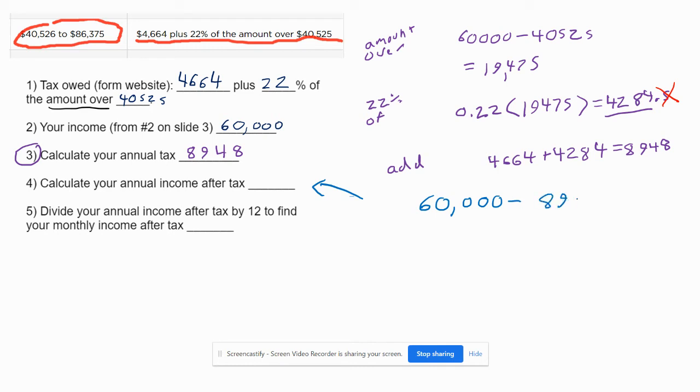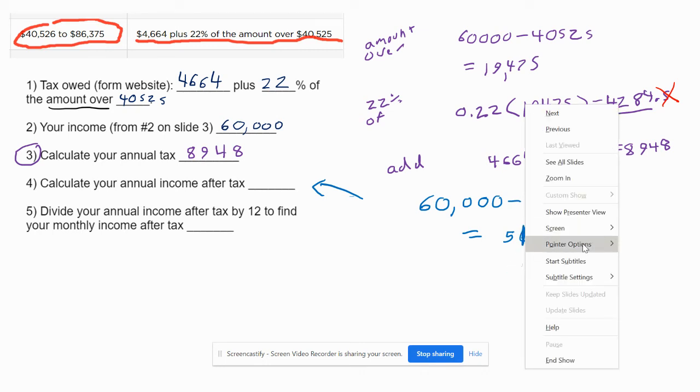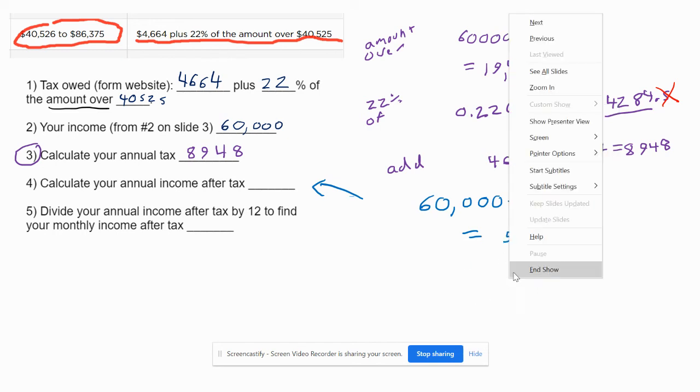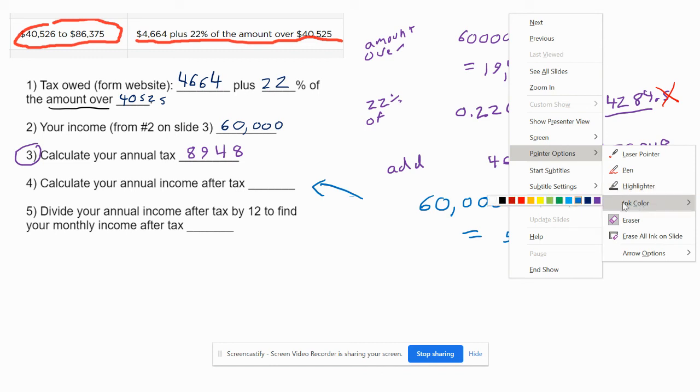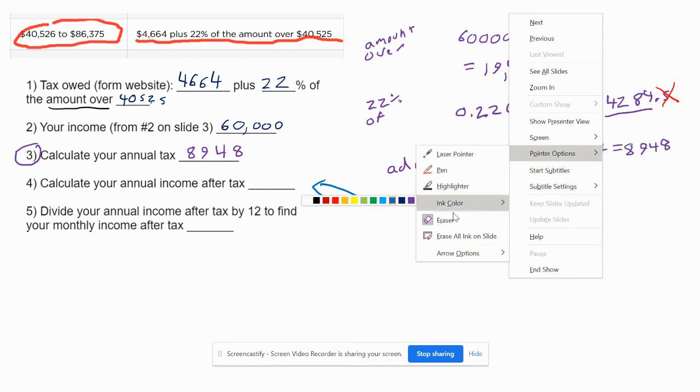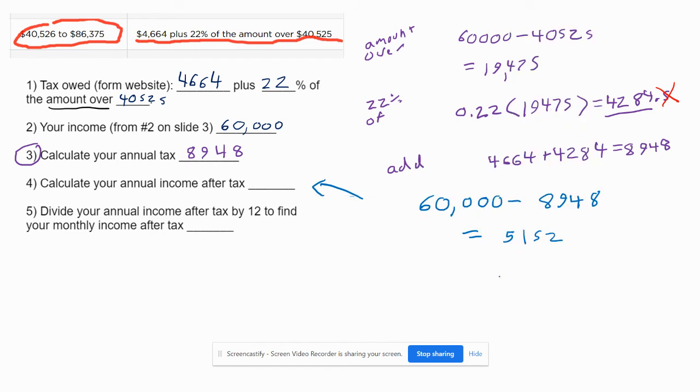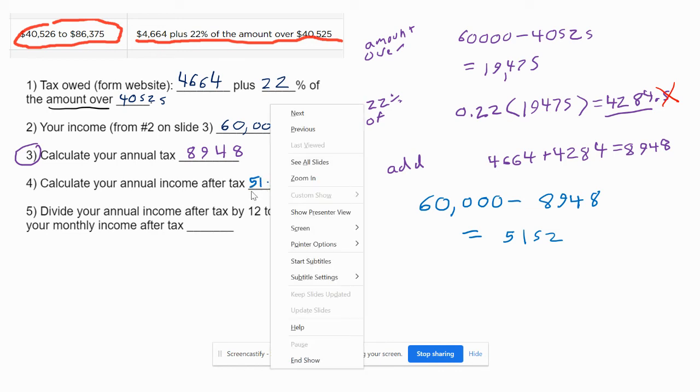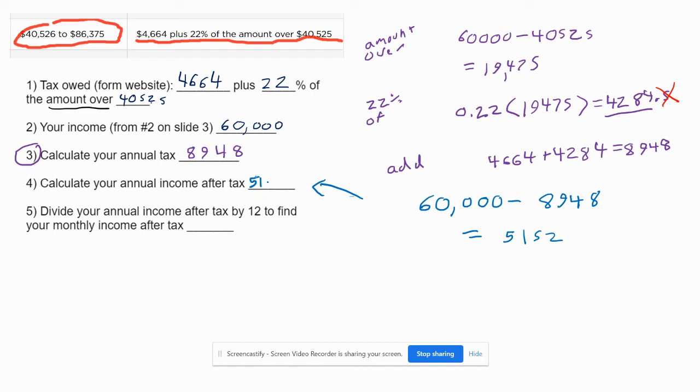So 60,000 minus 8,948, and there I get 51,052.